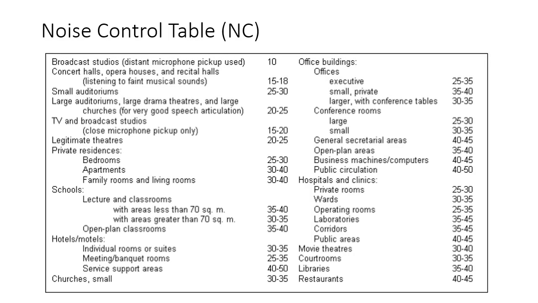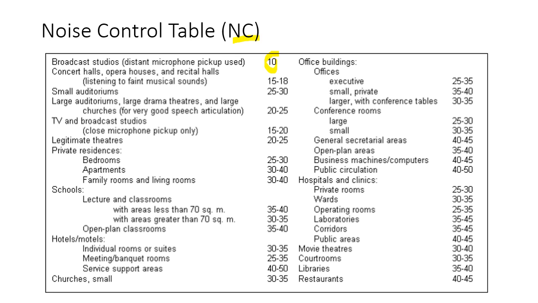So this is the noise control table, which in short form is used as NC. For different types of space, for example, for broadcast studios, we have a 10 decibel noise level limit.